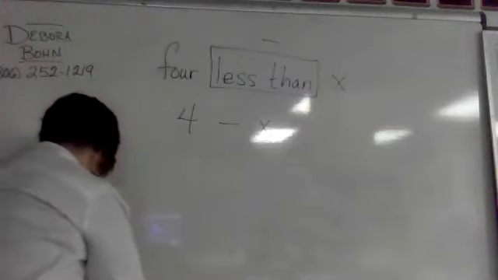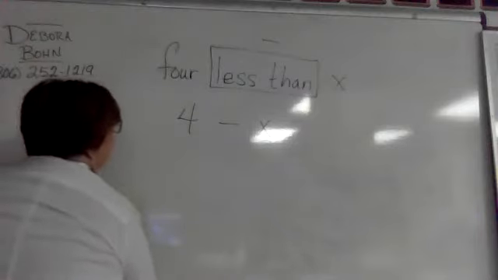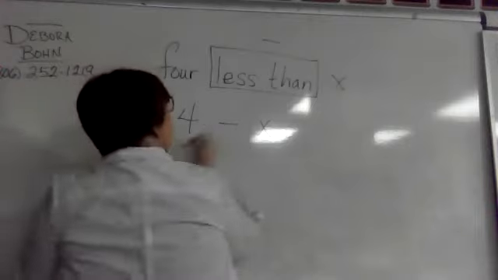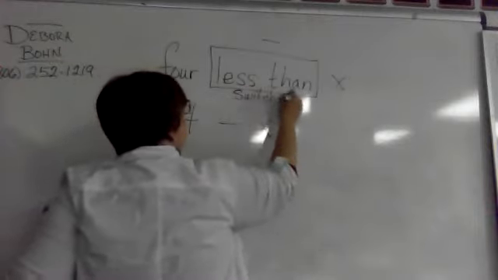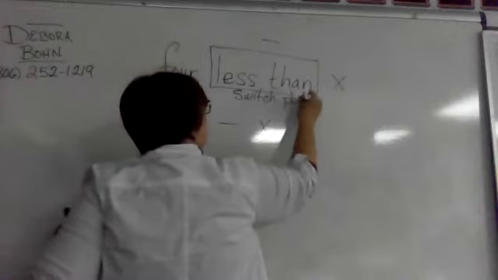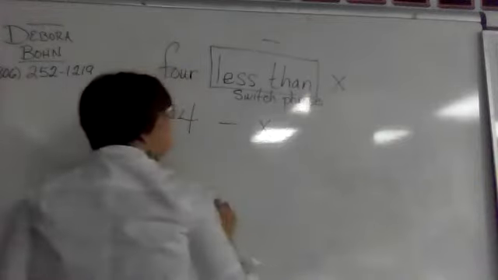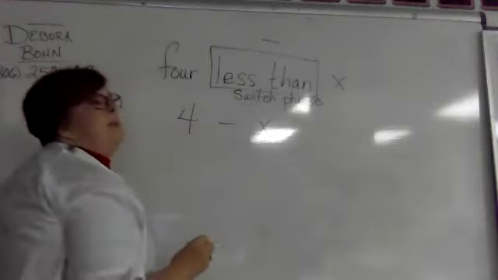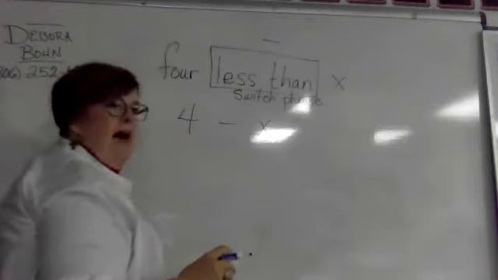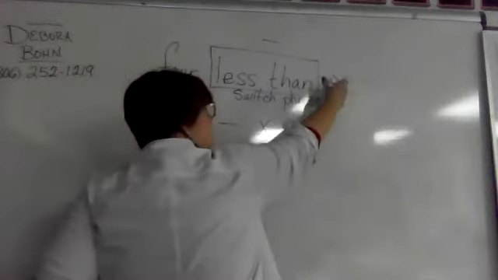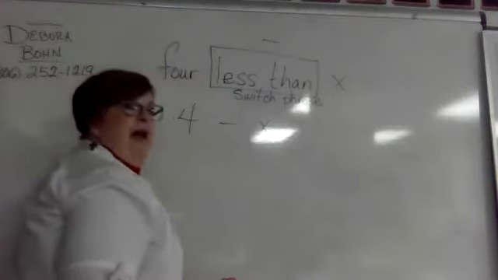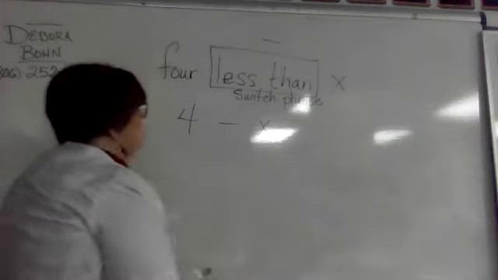But we know that this less than is a switch phrase. And when we recognize that we have a switch phrase, it says that the item that is in the front of the switch phrase and the item that's in the back of the switch phrase have to be switched, okay?